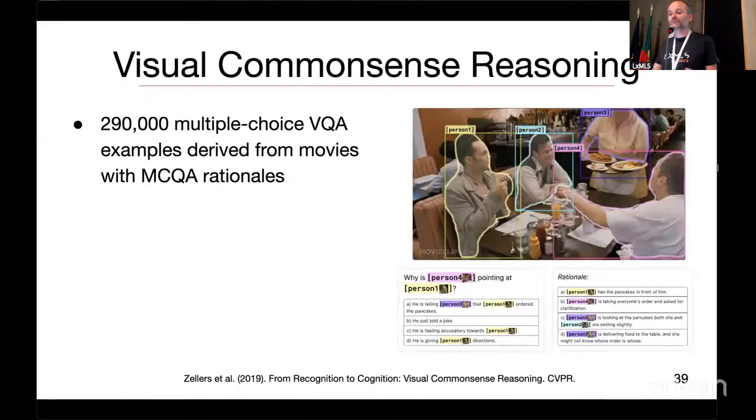The Visual Commonsense Reasoning dataset has hundreds of thousands of multiple choice question answer pairs derived from movies. So that's a source of copyrighted data. And in addition to also answering questions, this I think was one of the early examples of tasks where you had to provide rationales for why an answer was correct. It wasn't enough just to produce the expected output.